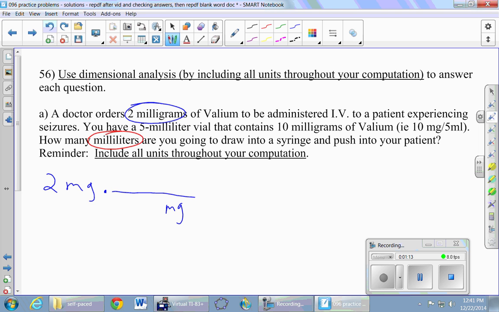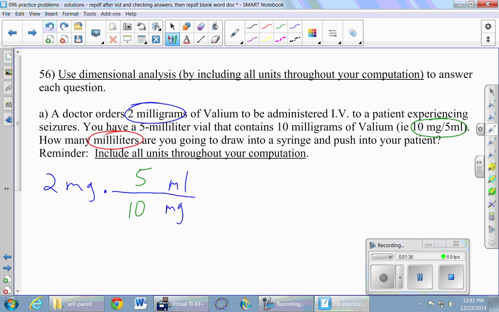And then the only other unit we have in this problem is milliliters. So I guess that's what we're going to put on the top is milliliters. And hopefully we have some numbers that we can put in front of both of those units, and I think they're circled here in green. 10 milligrams per 5 milliliters. 10 milligrams is actually on the bottom, per 5 milliliters is now on top.